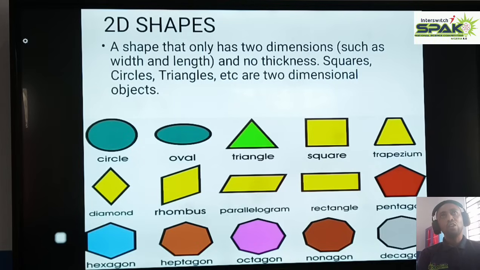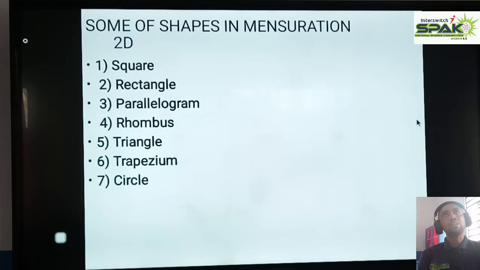All these are examples of two-dimensional shapes. But under this segment, we'll be looking at these basic 7 two-dimensional shapes, namely square, rectangle, parallelogram, rhombus, triangle, trapezium, and circle.